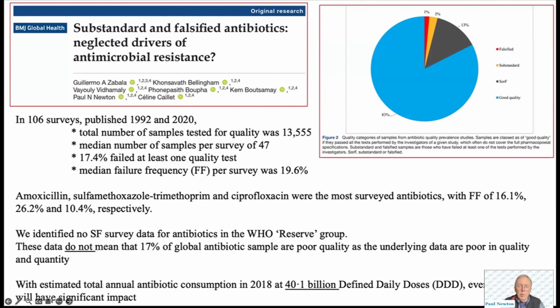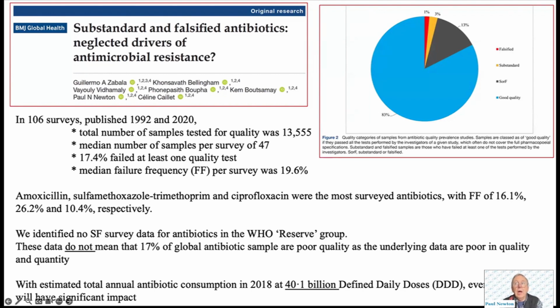And there are lots of problems with the data behind this, poor quality and poor quantity. But this data set suggested that about 17% failed at least one of the quality tests used, with particularly affected amoxicillin, sulfamethoxazole-trimethoprim, and ciprofloxacin, with failure rates as listed there.